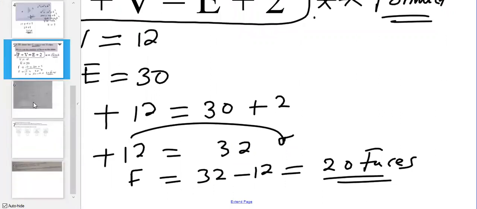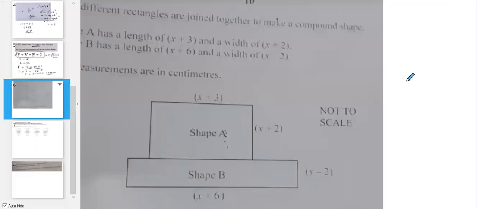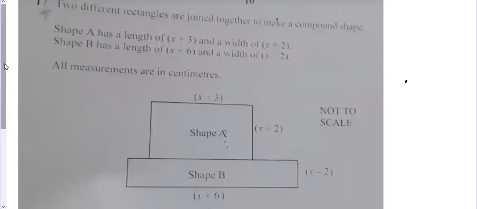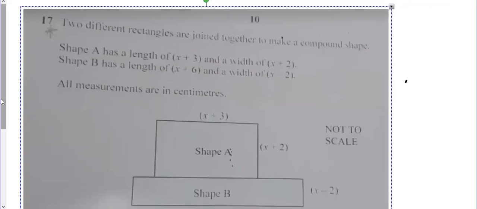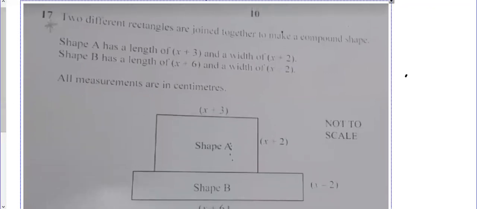The next question will be this question here. Okay, so this is the question which we have. We are given a diagram which shows two different rectangles joined together to make a compound shape.